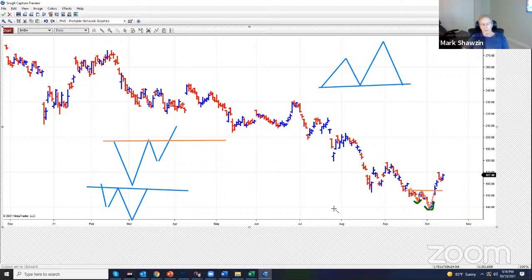So either way, prices are not perfect. Here you see a double top right here. And the two tops were not in the same area, but that was a top. Here was the head and shoulders. So you see these patterns all the time. Here was another head and shoulders.